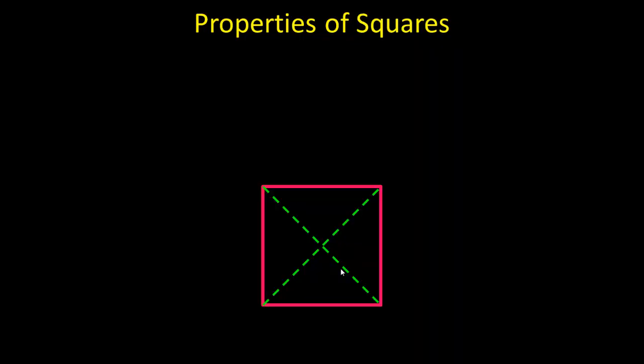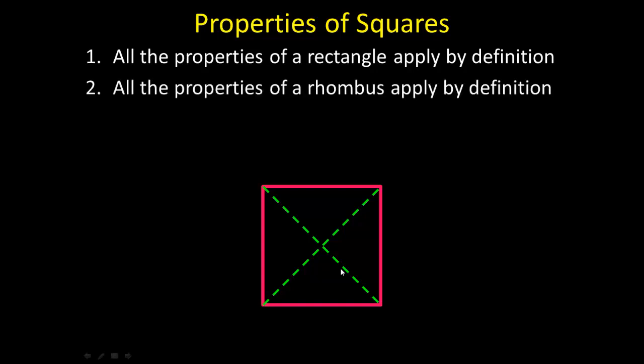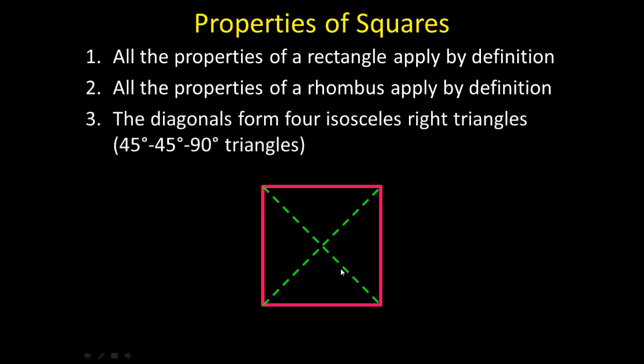Now, a square has all the properties of a rectangle by definition, all the properties of a rhombus by definition, okay, also parallelogram, obviously, and the diagonals form 4 isosceles right triangles, and these are 45, 45, 90 triangles. So if we have a square, we know that that's congruent to that. This is a 90-degree angle. Okay, and how is that useful?